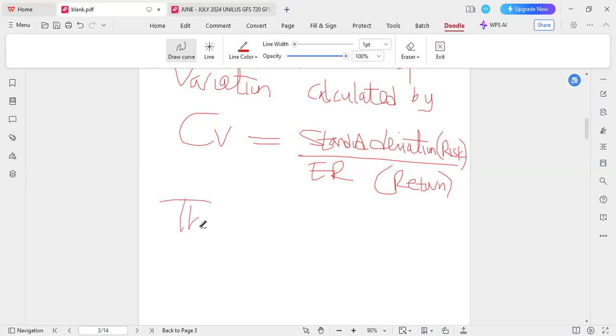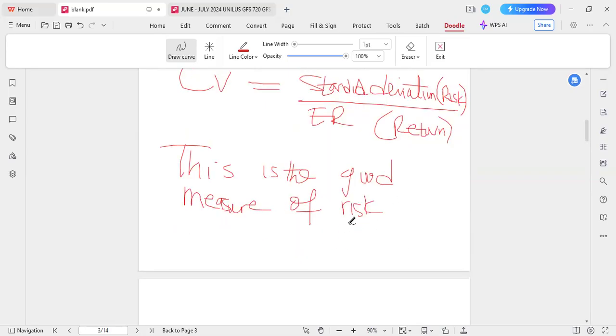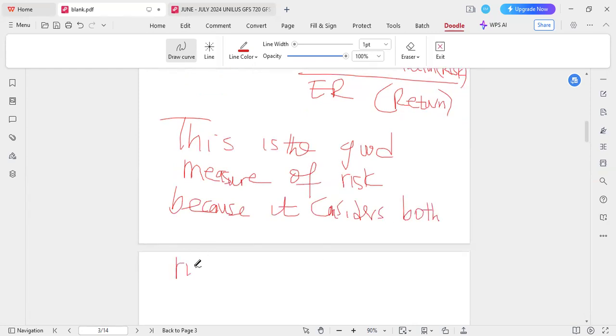So this is the good measure of risk because it considers both risk and return.